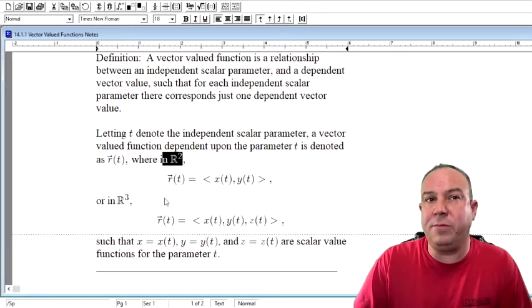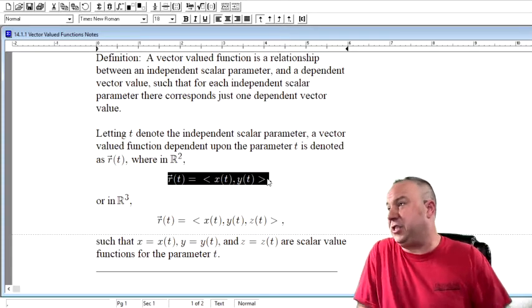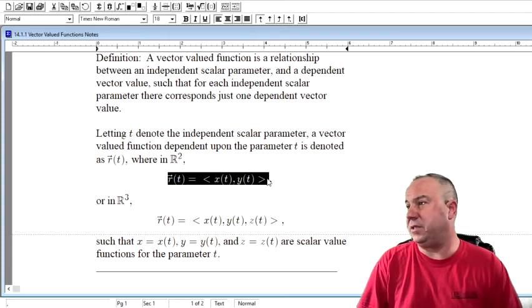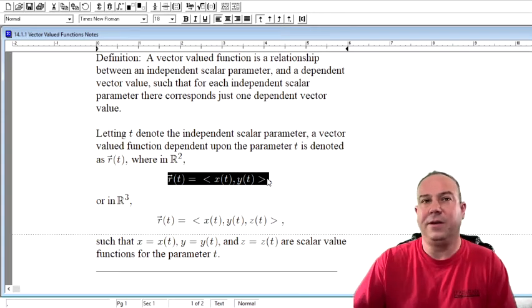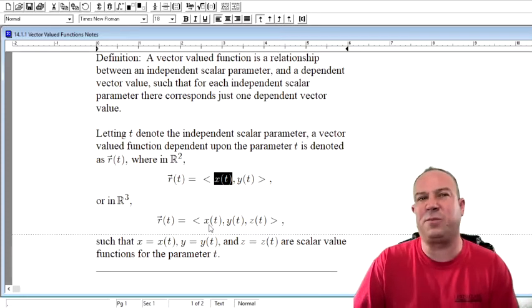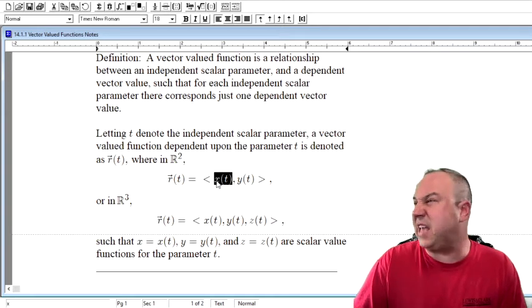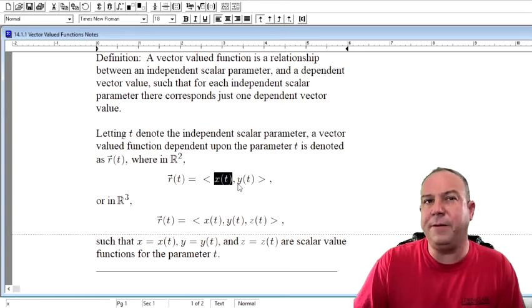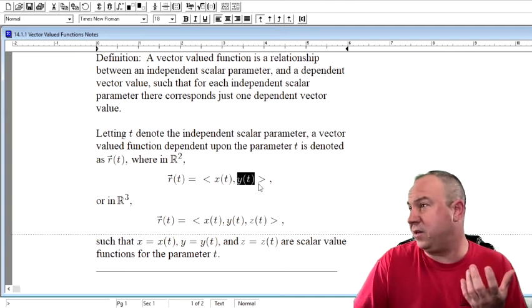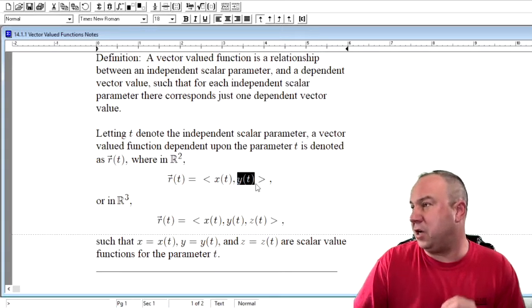Where in two-dimensional space, we might say r bar of t takes on this generic description, right? Where the x component in that two-dimensional description of location in space is itself what we might think of as a scalar valued function of t, and the y component is itself a scalar valued function of t.